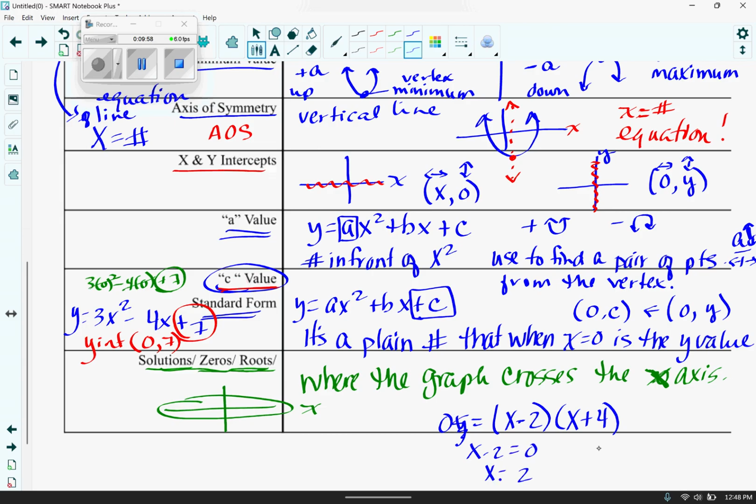And then we did x plus 4 equaled 0, and then x is equal to -4. These were solutions. Now, in this unit, we're going to find about 3 different ways to find solutions, or zeros, or roots. All right, so then let's look at the next page.